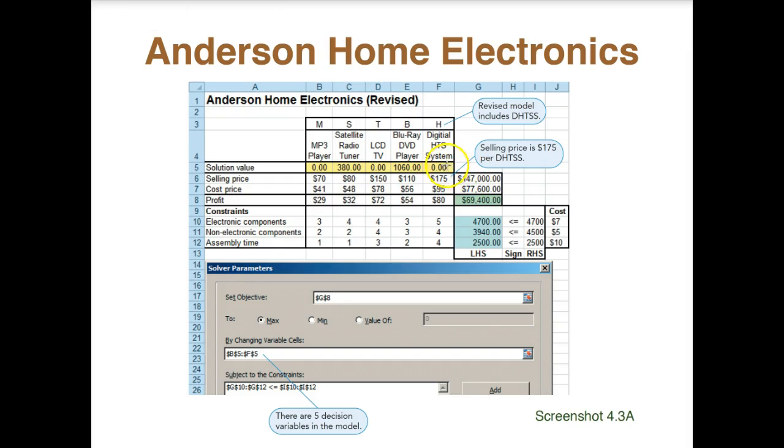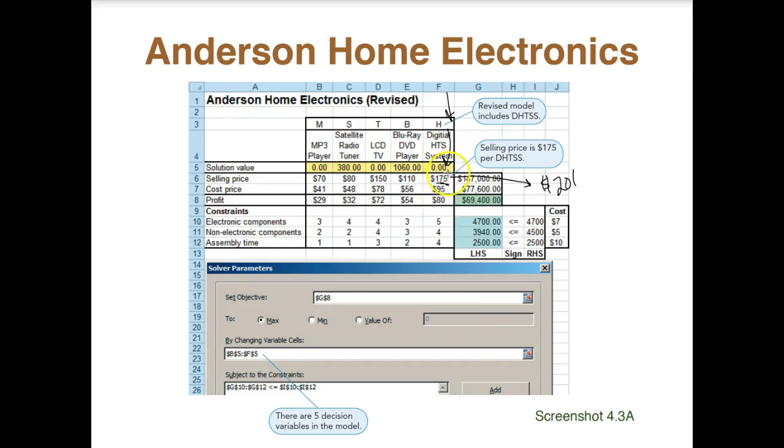So this is what it would look like if we actually introduced it. And we see that at the selling price of $175, we're pricing ourselves out. Thus, we're not going to make any of these, because our minimum price needed to make the kind of profit that we need is going to be $201.